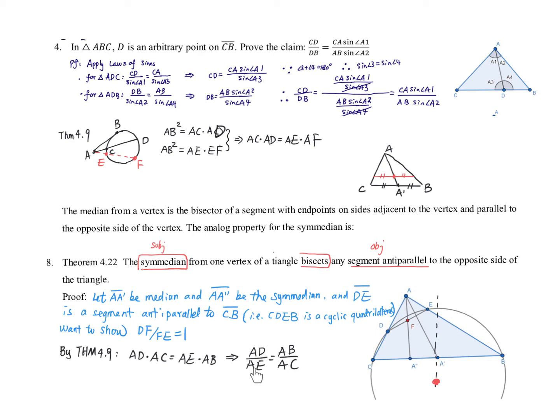Take a look at the left side, AD over AE. Do you see this AD is this side of this smaller triangle, and AE is the other side of this smaller triangle. We have a way to link the sides to the opposite sides, right?